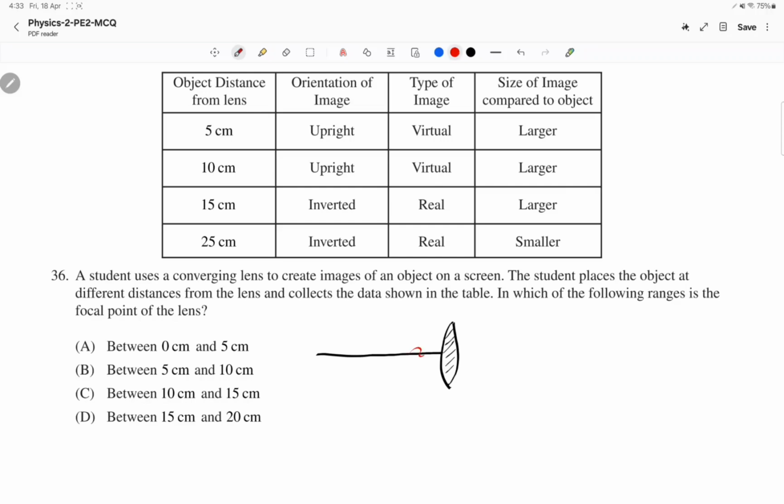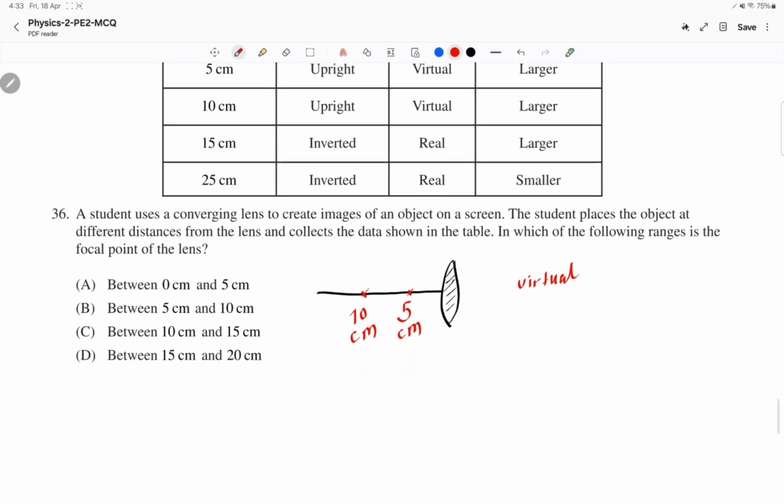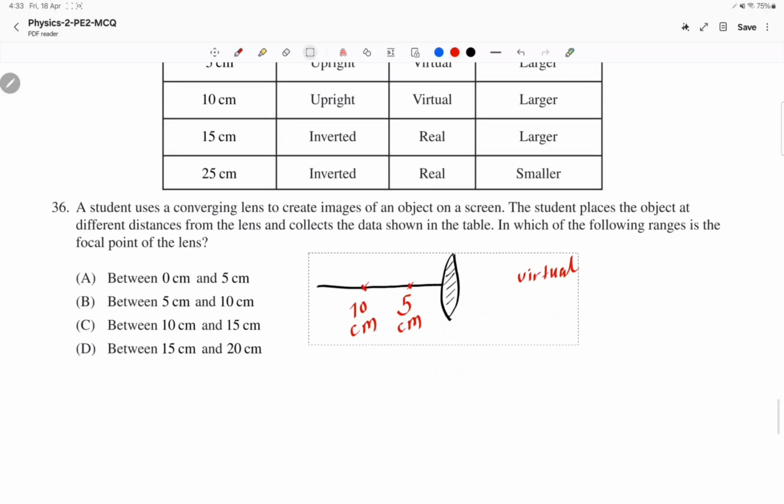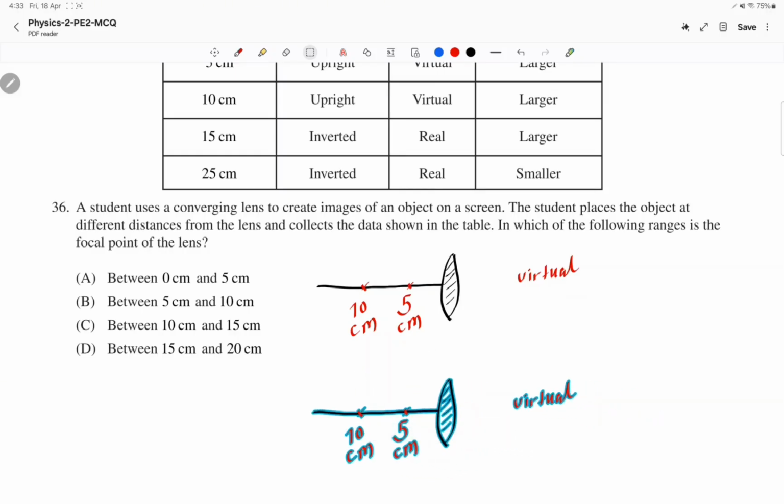When the object is at 5 centimeters, the image is virtual. When it is at 10 centimeters, the image is still virtual. But then, once we move further, the image becomes real.